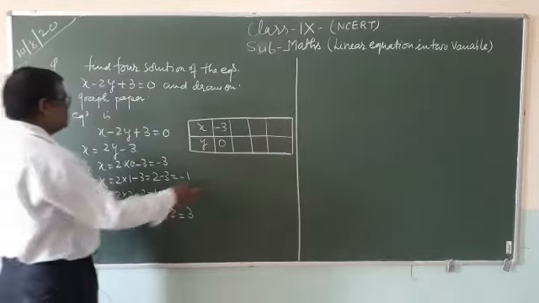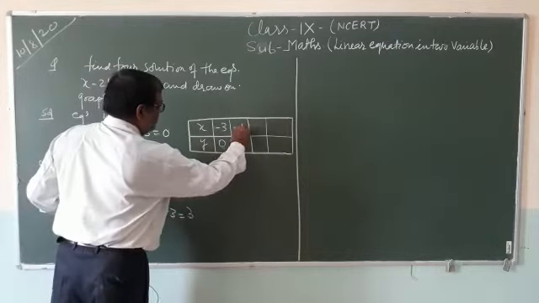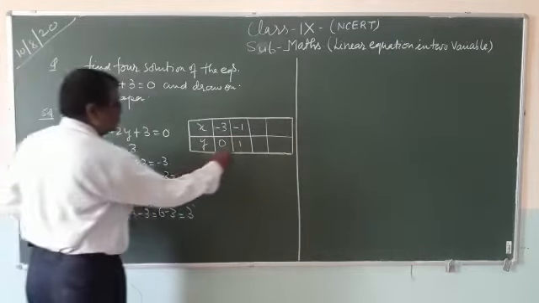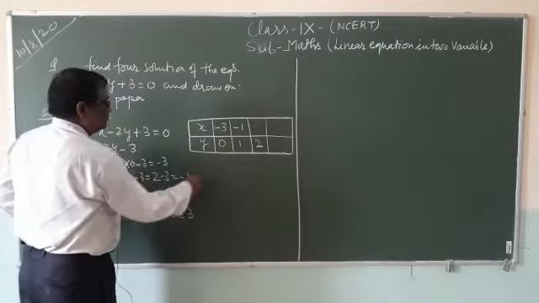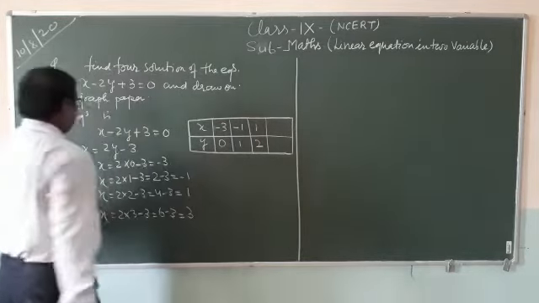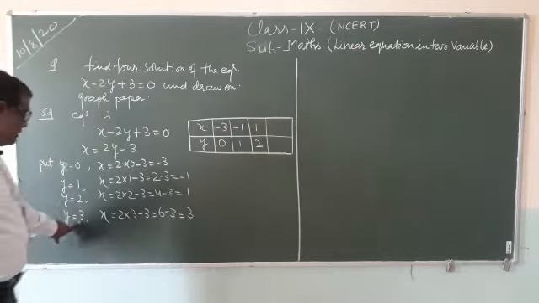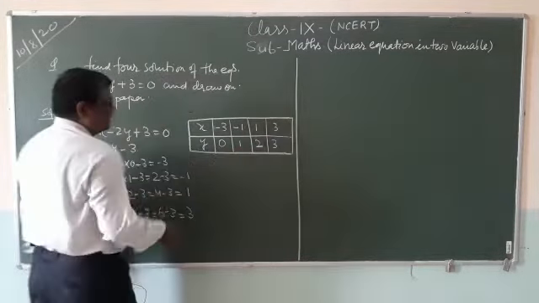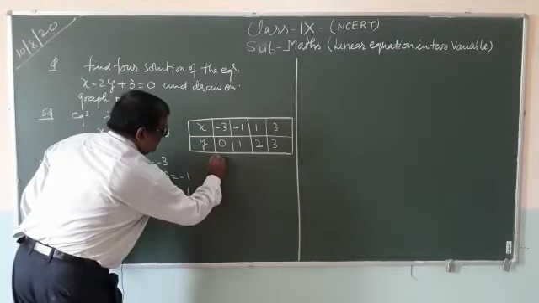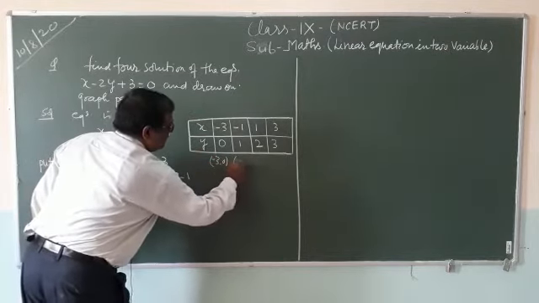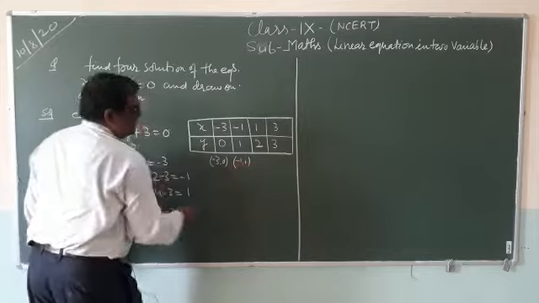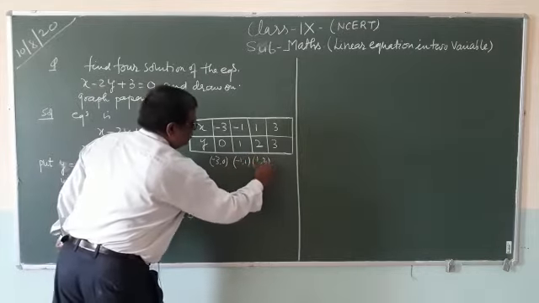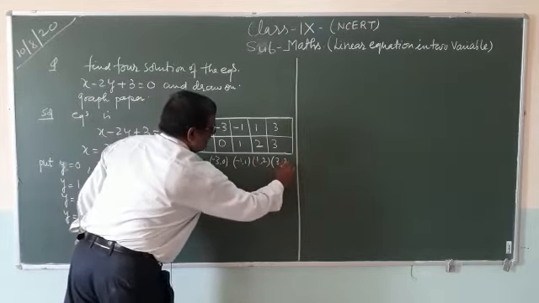Again y is equal to 1, x is equal to minus 1; y is equal to 2, x is equal to 1; and y is equal to 3, x is equal to 3. So the points will be minus 3, 0; minus 1, 1; 1, 2; and 3, 3.